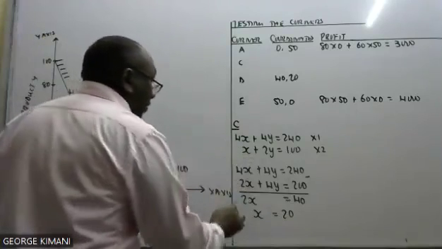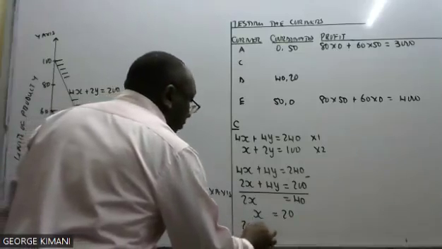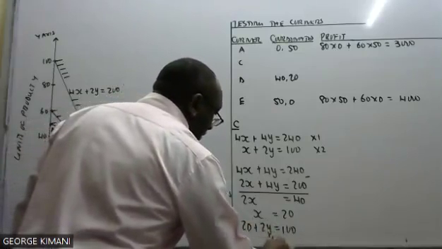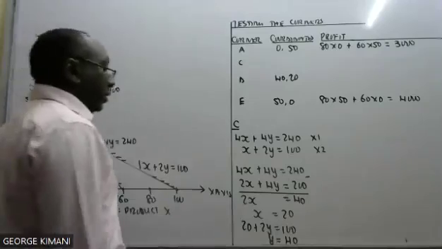Then if I use this equation, 20 plus 2y is equal to 100. So tell me y is equal to what? Yes, we see it was right.